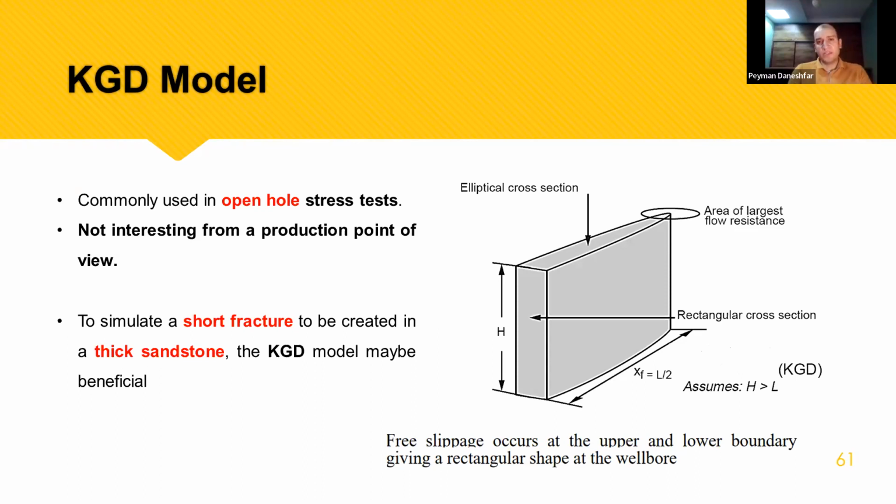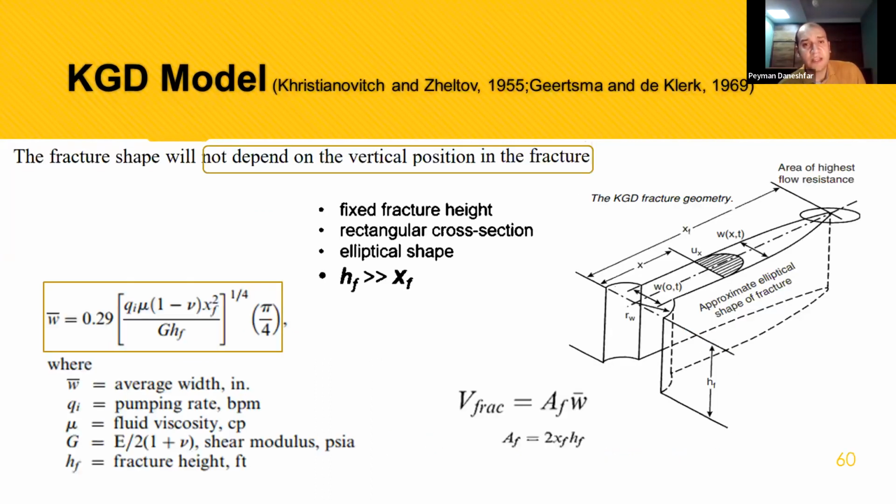You can see elliptical cross shapes on the top and a rectangular cross section here. This assumes that the fracture height will be greater than the fracture half length.